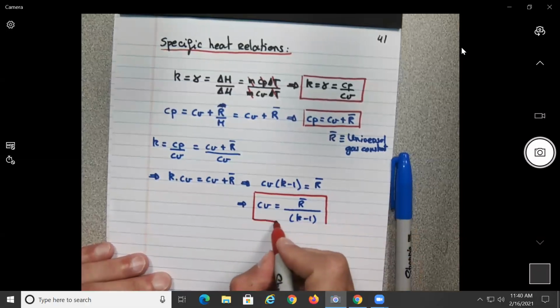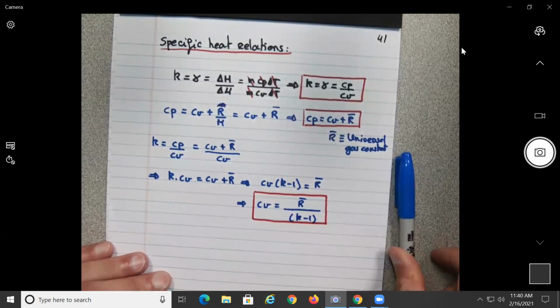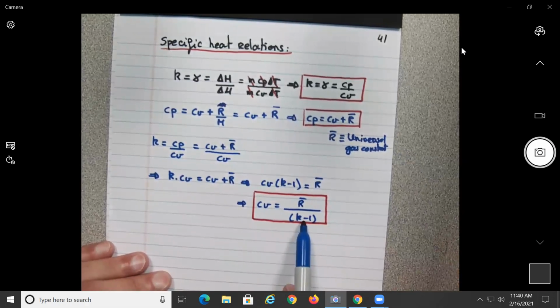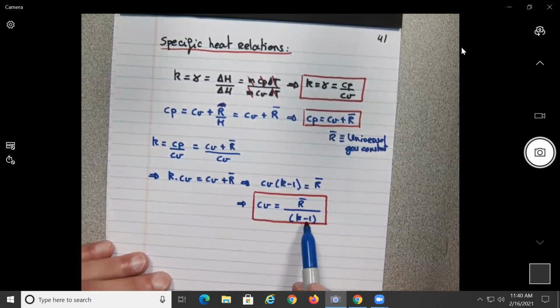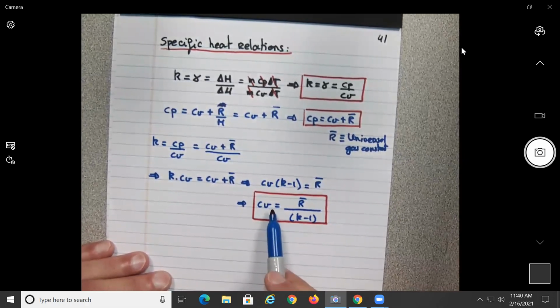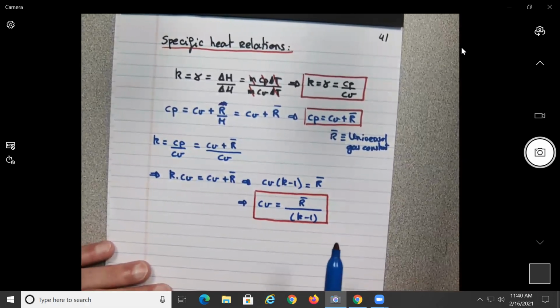So basically that means that if somebody gives you the gas constant and K or gamma, which is the ratio of the specific heats, you can find what is C sub V, if you have to deal with a constant volume. Now, what happens if you need C sub P?